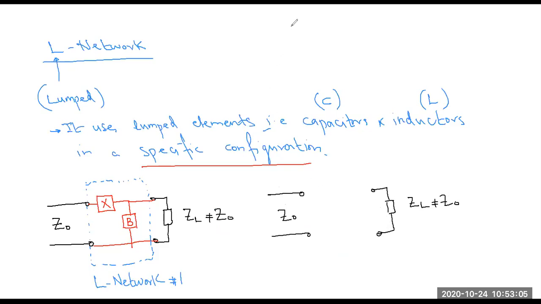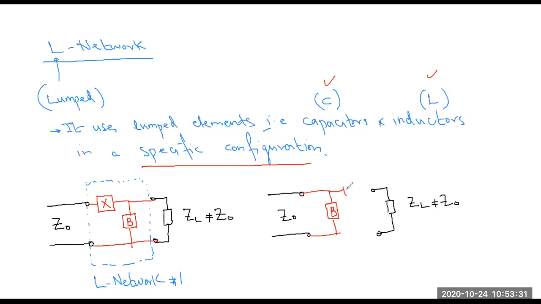So the other possibility is I can use a circuit such that the first element is now in parallel configuration. So this B is the susceptance of maybe an inductor, maybe a capacitor. We will talk about whether this B is a capacitor or inductor. This is what you will find as a design parameter.